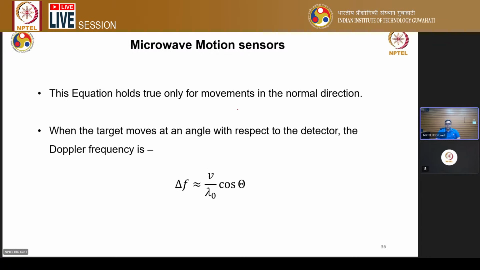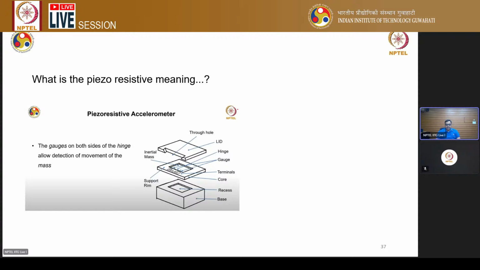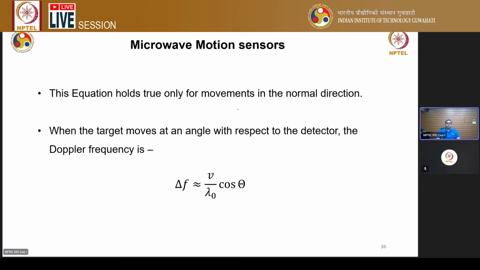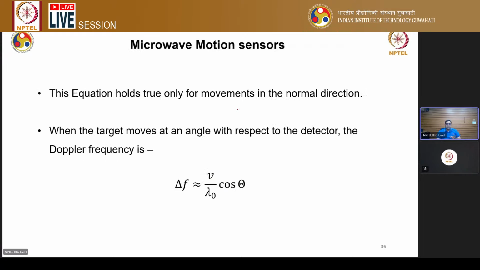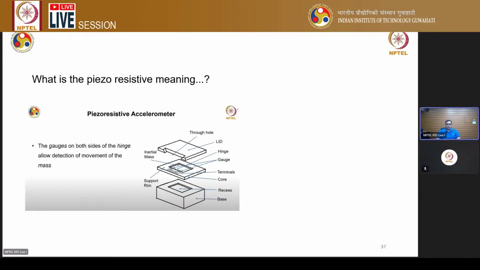Now I will skip these slides because we have already discussed this in detail. I hope the concept of Doppler effect is clear to you, and how the two different sensors, the ultrasound based motion sensor and the microwave motion sensor, are based on the Doppler's effect.